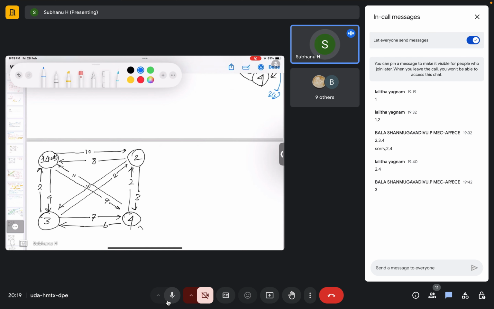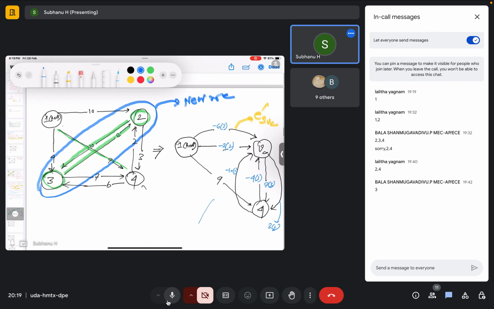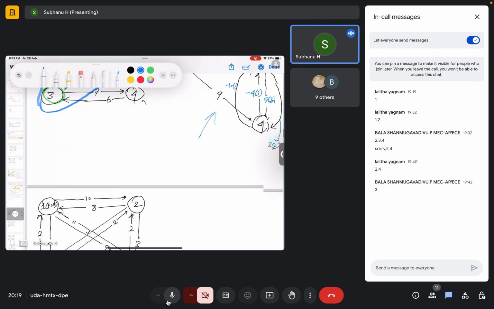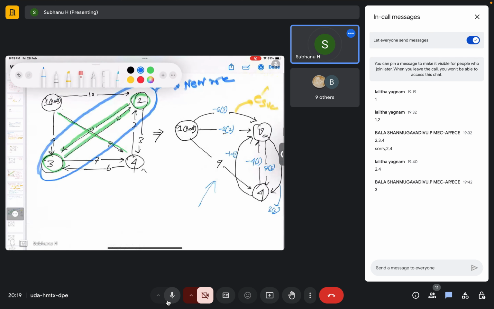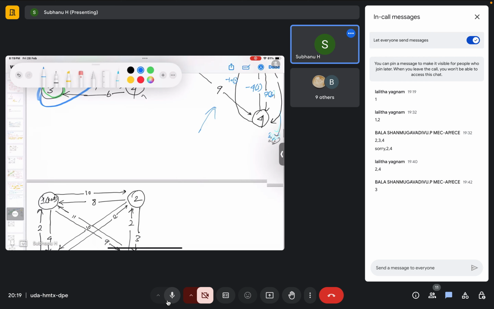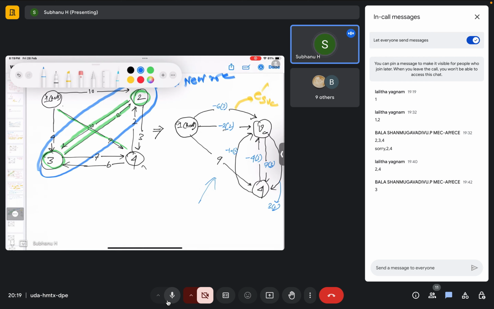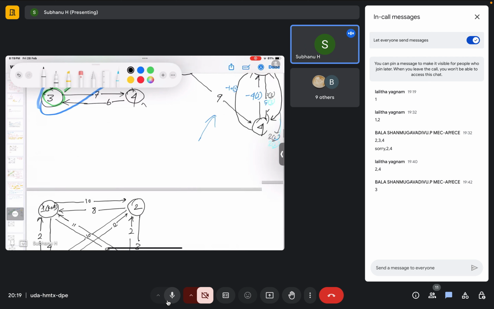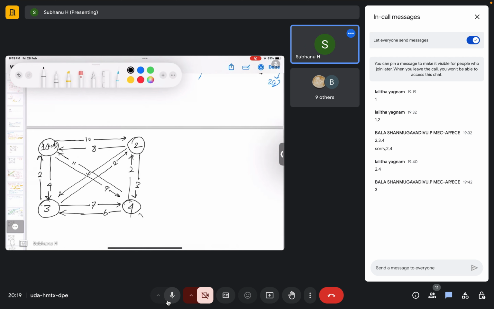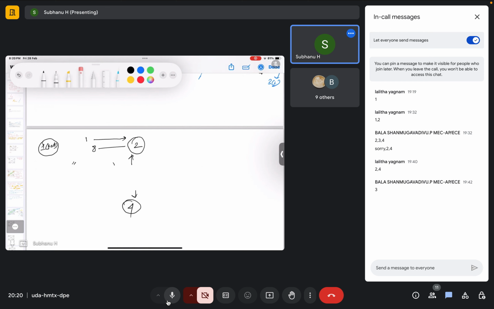Then we need to find the maximum spanning tree for this graph. So what is the maximum spanning tree for this graph? The maximum spanning tree for this graph will be minus 2.